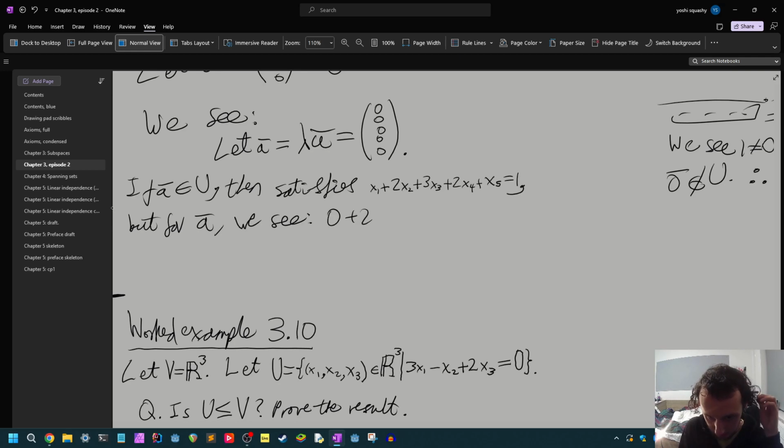what do we see? We see 0 plus 2 lots of 0 plus 3 lots of 0 plus 2 lots of 0. You knew maths was going to be exciting, right, guys?